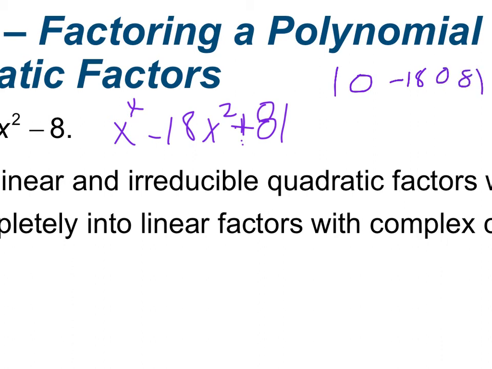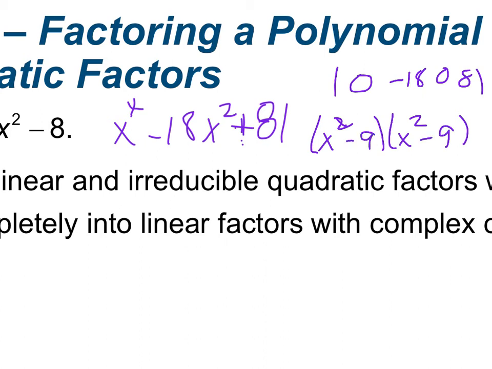There were a couple of you that said, oh, that factors. What times what gives you x to the 4th? X squared. What times what gives you a positive 81 when you multiply, but a negative 18 when you add? Minus 9. Minus 9.